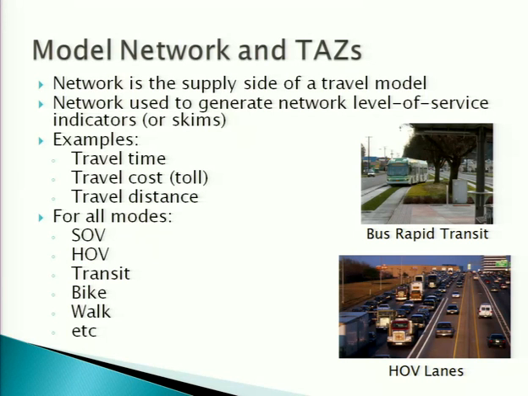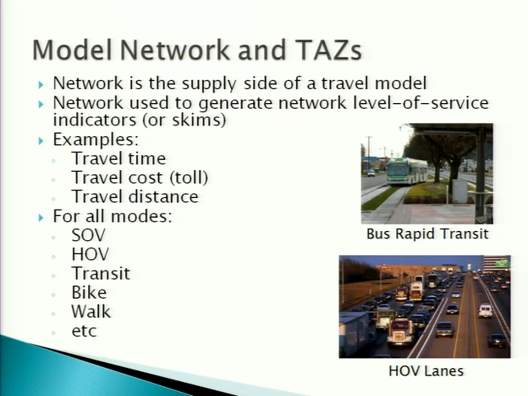So that's one thing that the model does, and that gives us then travel times between every location, or travel costs, or distances, or fares if we're taking the transit system, the costs between the origin and destinations.